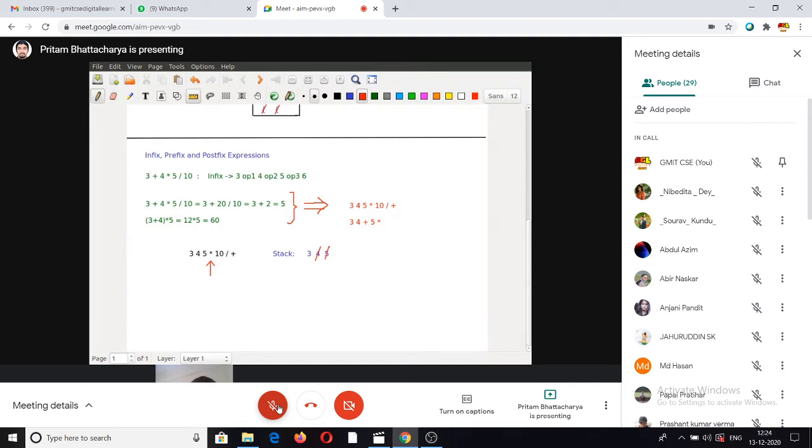Now on these two operands that I've just popped from the stack, I will apply the operator. I am looking at the operator star, that is multiplication. So I pop 4 and 5 and I do multiplication on 4 and 5. The value that you get, that is 20, that new value I am going to push into the stack.